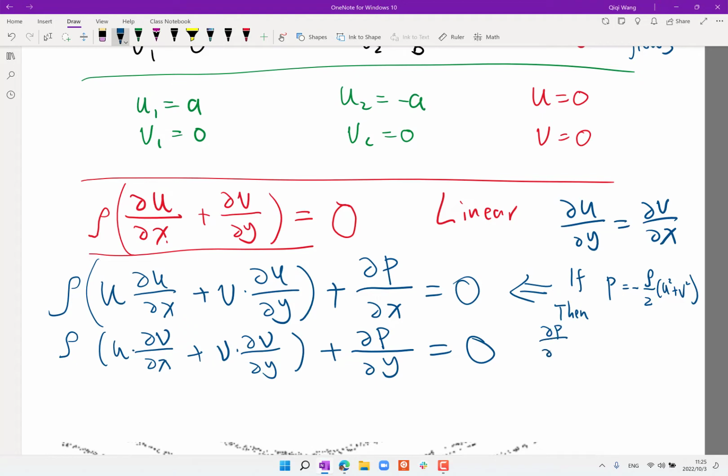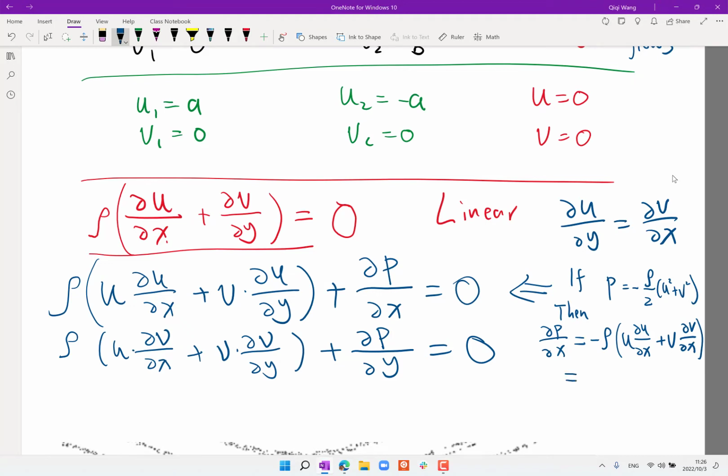Then dp over dx would be equal to, let me pull rho out of the derivative because it's incompressible flow, and du squared dx would be 2u times du dx, right? The 2 always cancels with the half. So what you get is u times du dx plus v times dv dx, right?